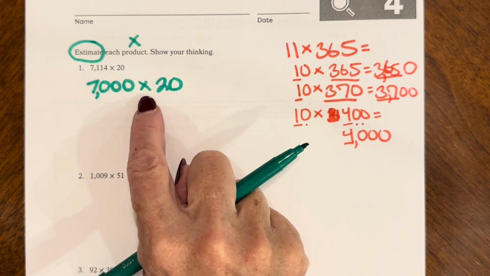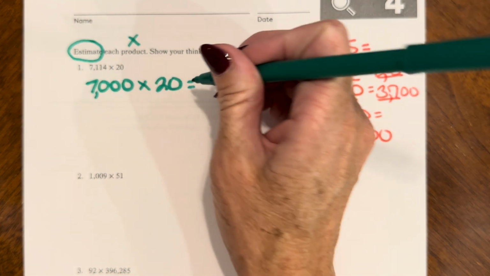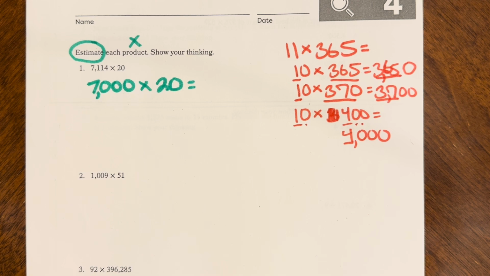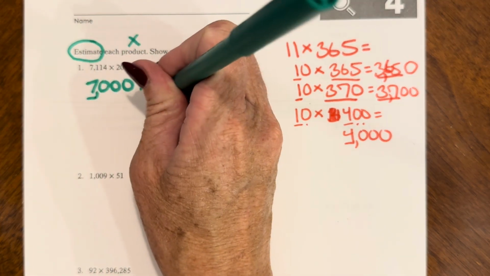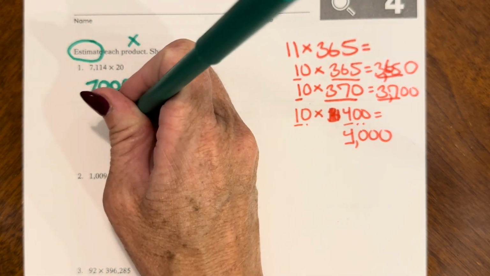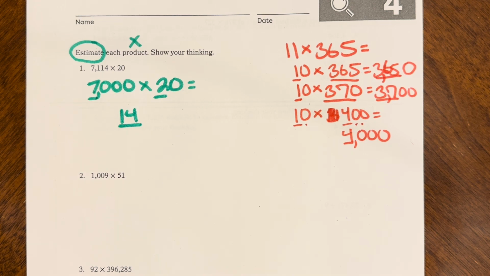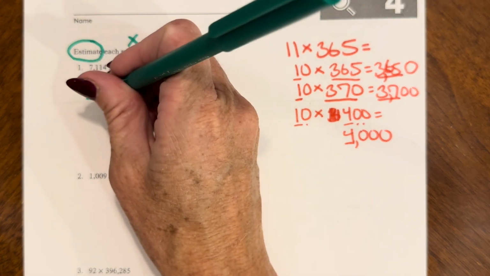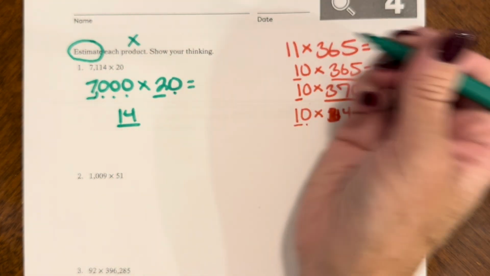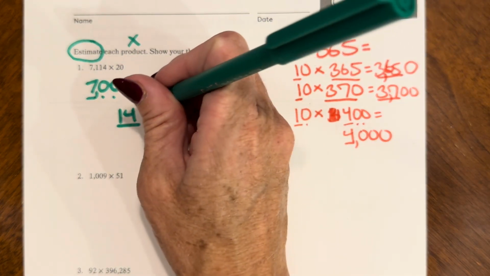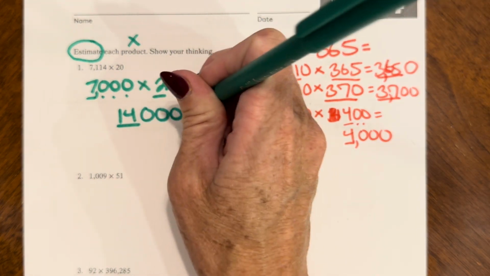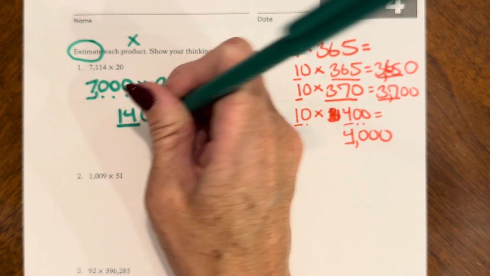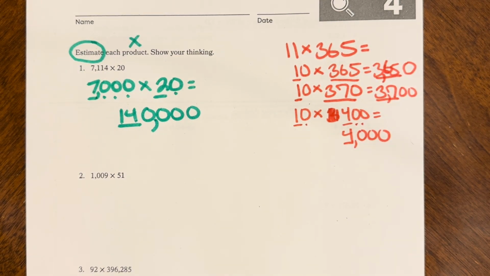So that's pretty easy to multiply. So now using the trick that we've learned before, we could say, well, 7 times 2 is 14. And then I know that I'm going to have 1, 2, 3, 4 zeros in my factors. So I'm going to add 1, 2, 3, 4 zeros in my product. So my approximate answer is 140,000.